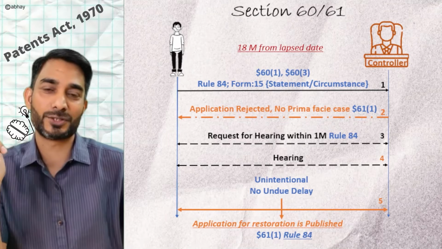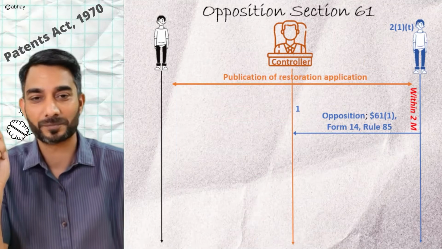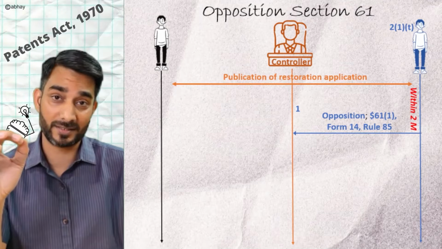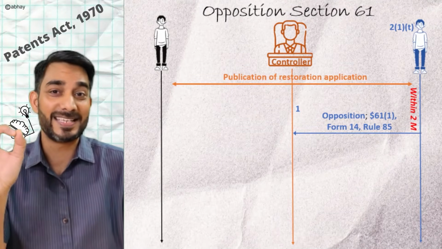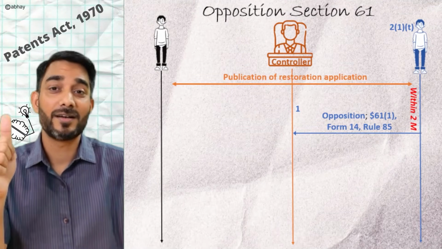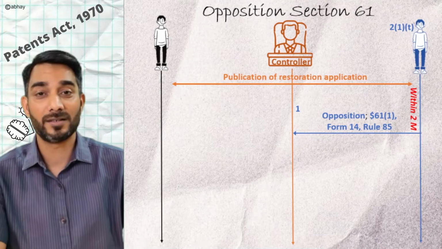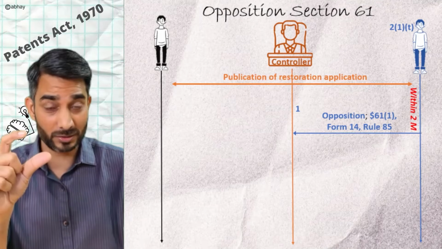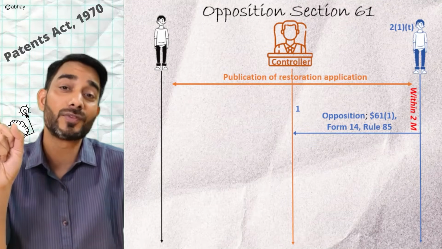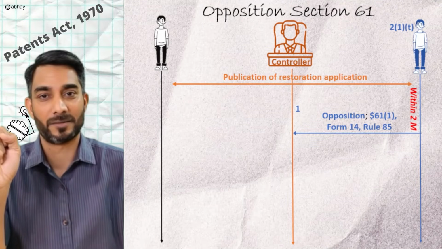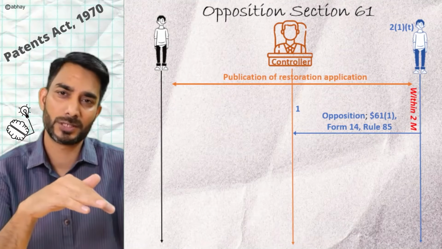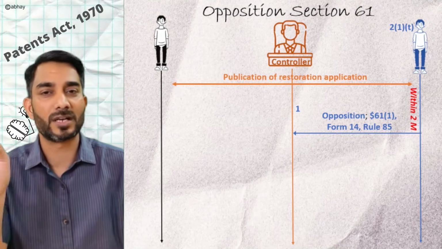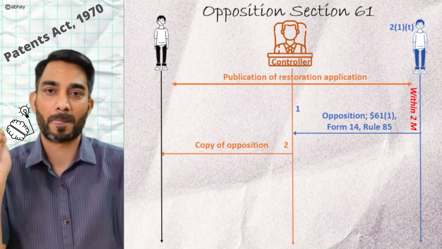So what is that opposition process? Let's go over it. As per section 61, a person interested can file a request for opposing the restoration application. Now this has to be filed within 2 months from the publication date of the restoration application. Upon receiving such an opposition notice, controller forwards the notice along with the relevant documents to the patentee.